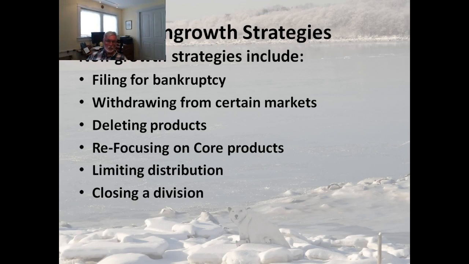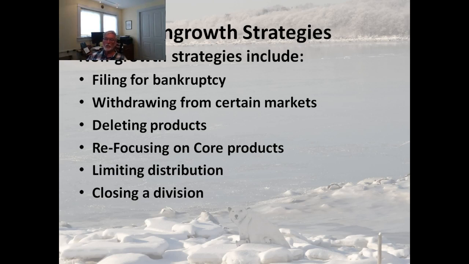Another non-growth strategy is to get out of certain markets. If we've got a problem in a market, we start leaving that market and concentrate on the markets where we're more successful. Get rid of some products. Some of our products are strong and very profitable. Others aren't. So we're going to get rid of those products that aren't by refocusing on the products that are our core, the things that we're really good at.